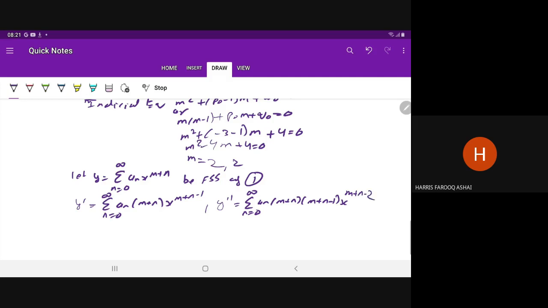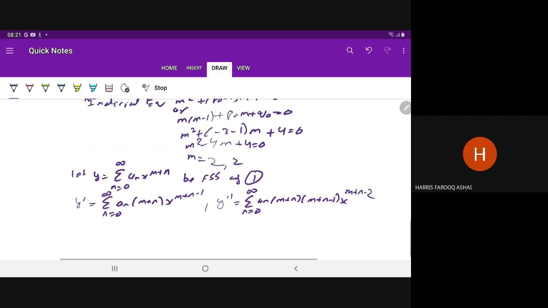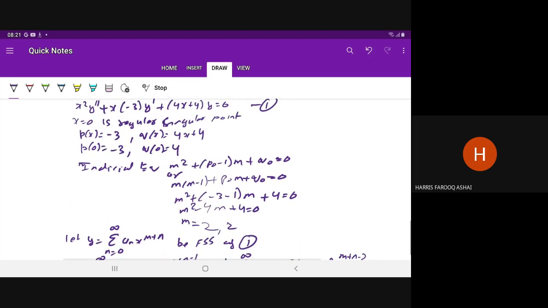Now you put the values of y, y dash and y double dash in the given equation.